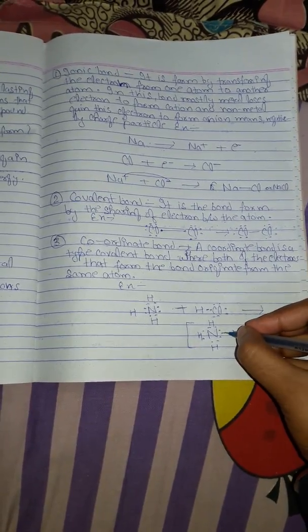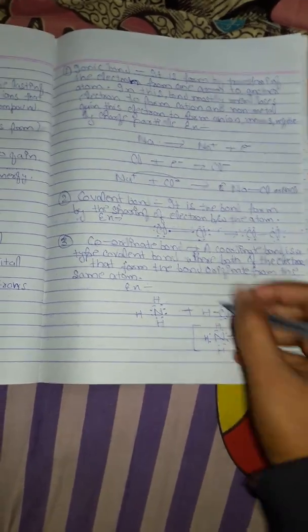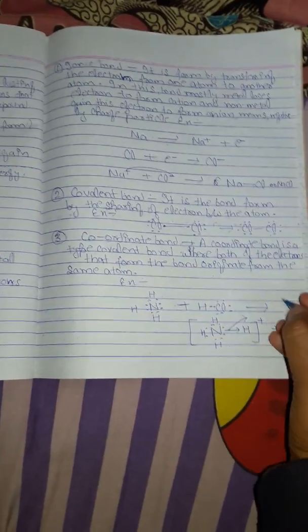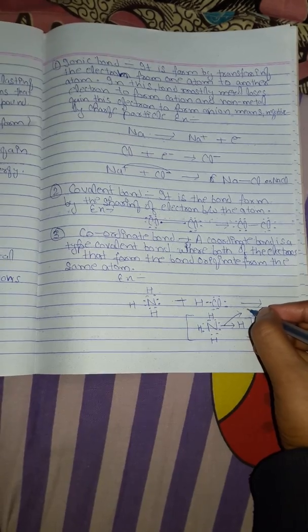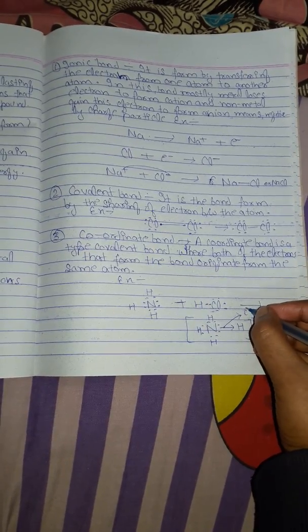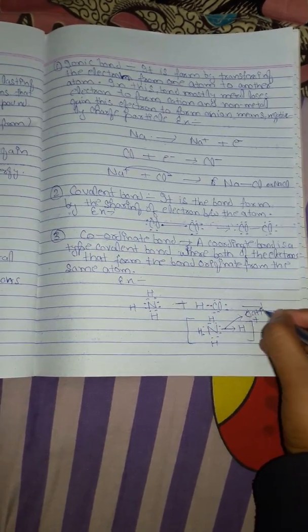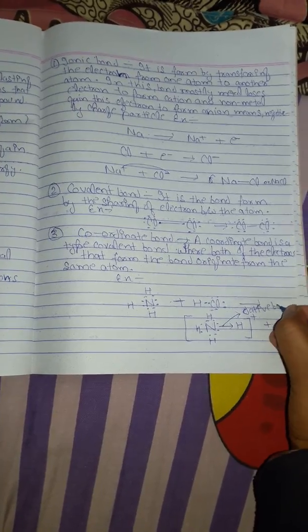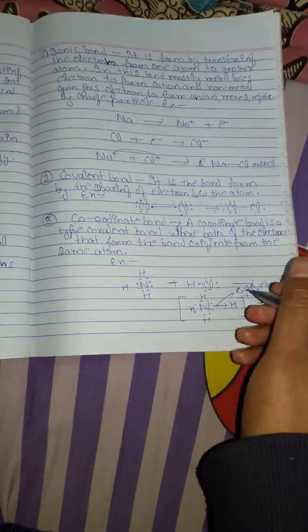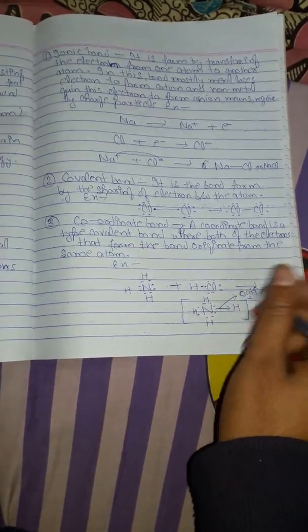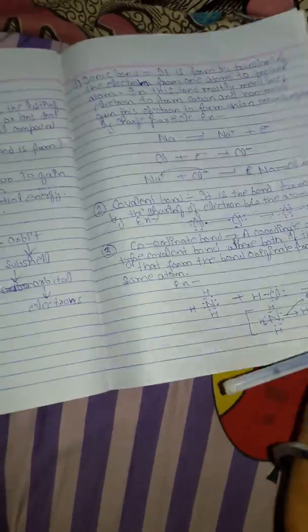The bond that the nitrogen donates to the hydrogen is the coordinate bond, also called the dative bond. Means in these two electrons, nitrogen has a right and hydrogen has a right, because it is a donated electron pair.